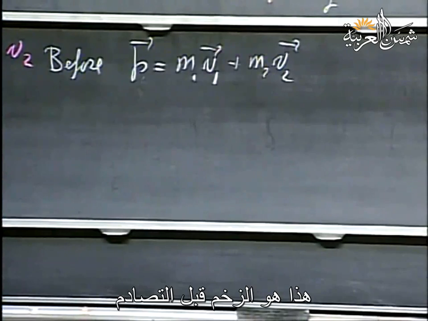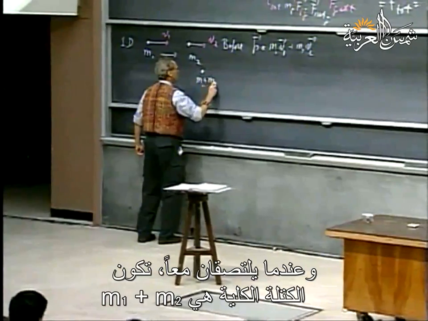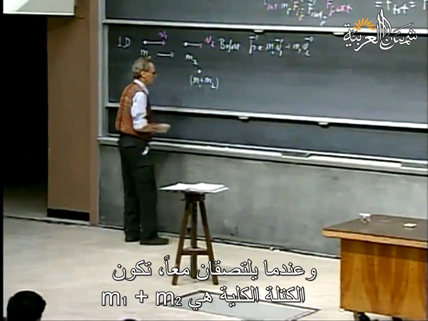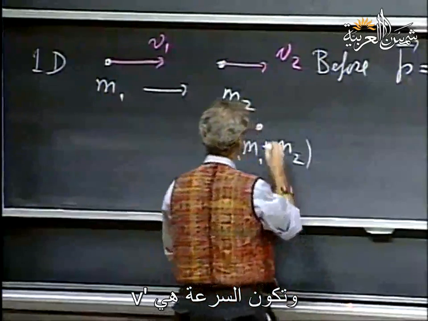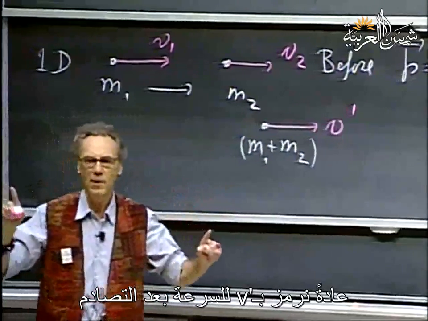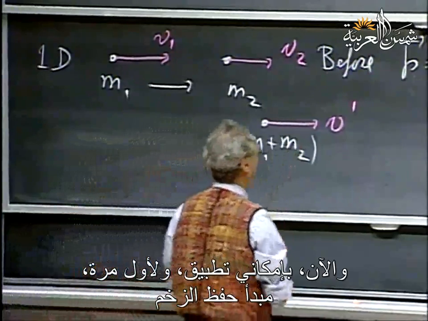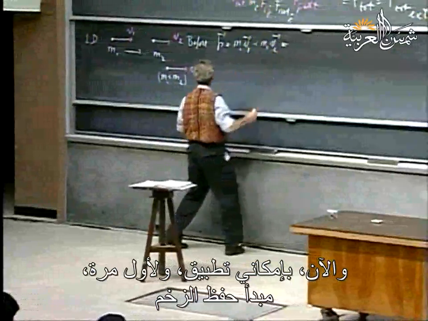That's the momentum before. Now they stick together. And so when they stick together, their total mass is m1 plus m2, and their velocity happens to be v prime. We often give a prime to the situation after the collision occurs. And so now I can apply for the first time the conservation of momentum.